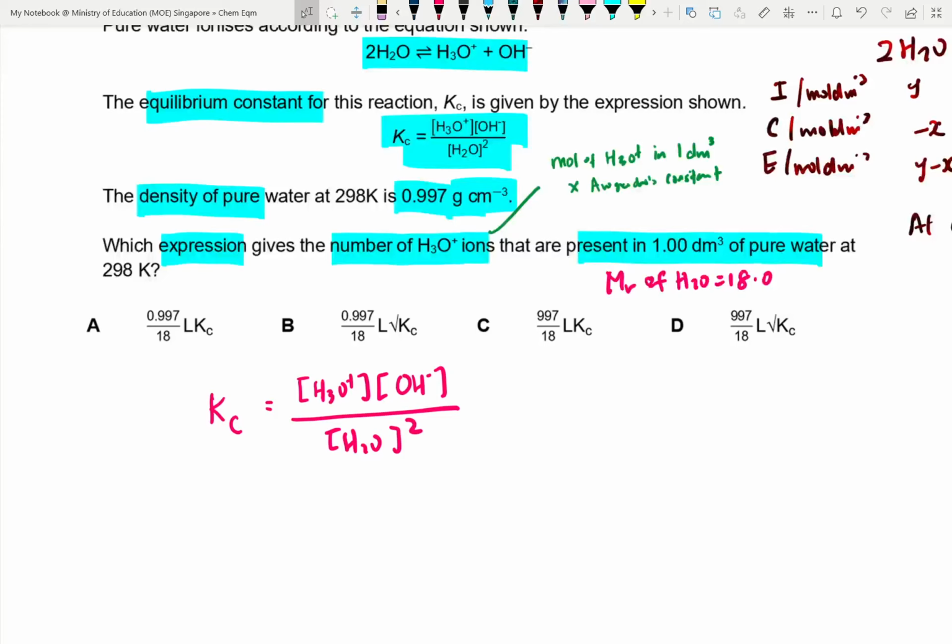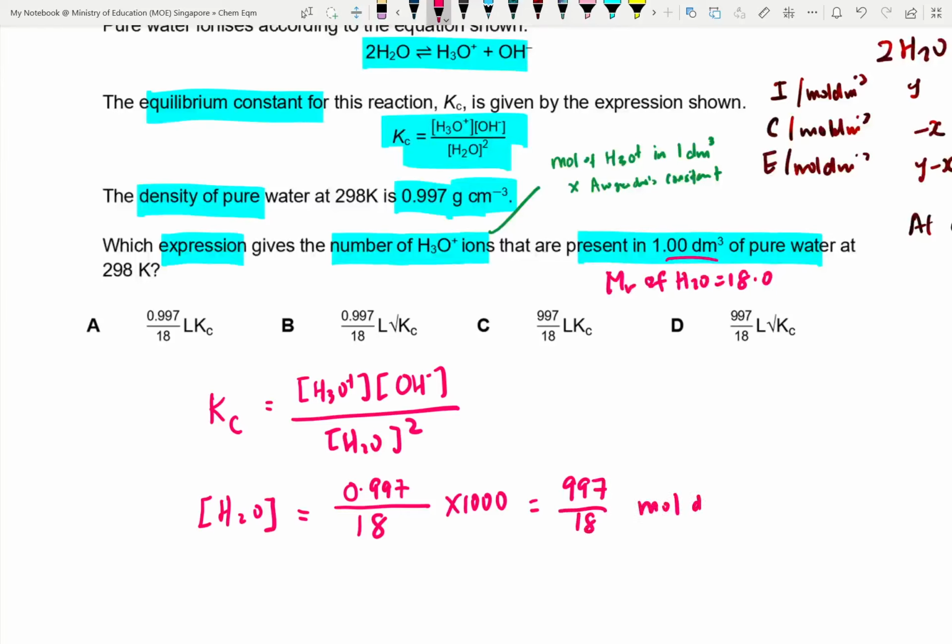So I need to express my concentration of water in terms of that. I can simply use 0.997 divided by 18, which gives the number of moles in 1 cm³. If I want the number of moles in 1 dm³, I just multiply by 1,000. So that is equal to 99.7/18 mole per dm³.